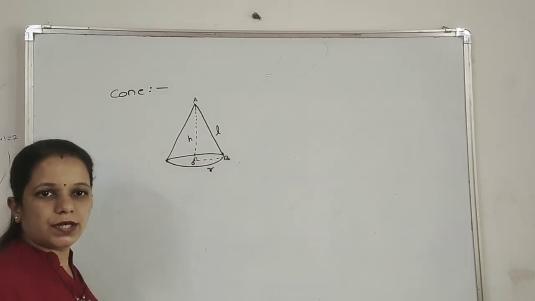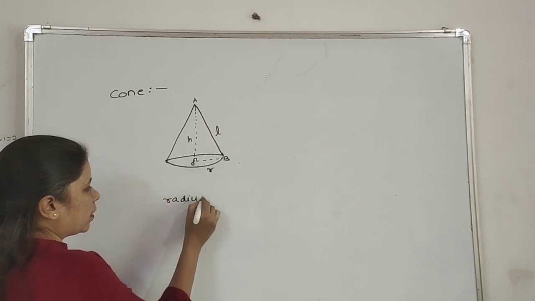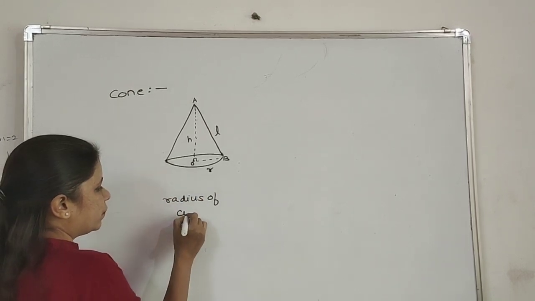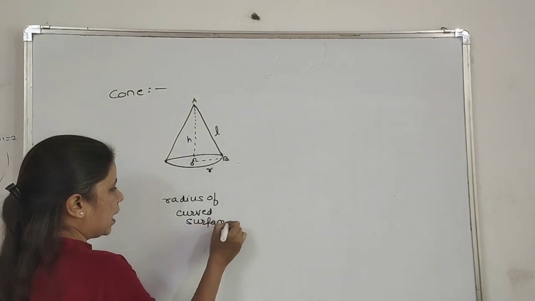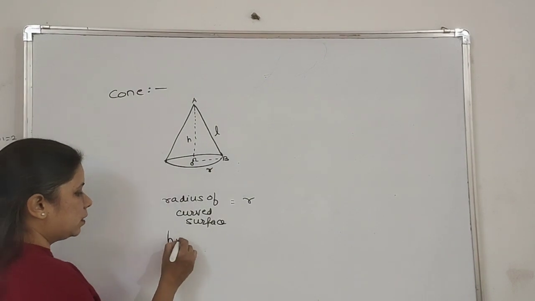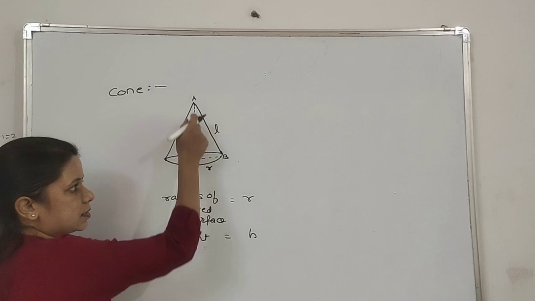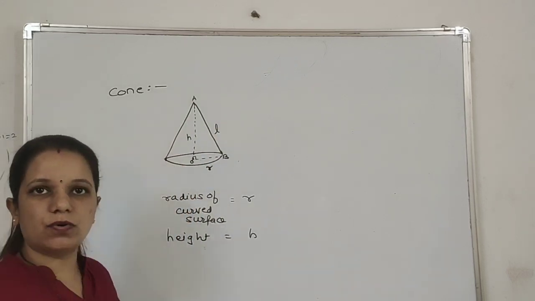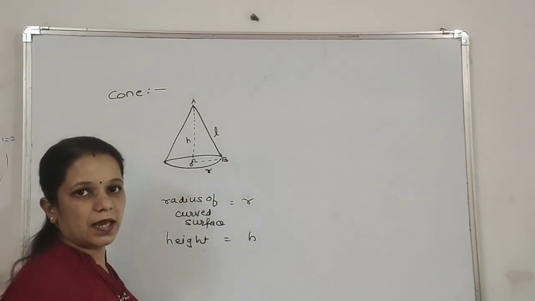Okay. So here the radius of the curved surface is, let us say, R. Okay. Height is H. As we can see, AO is the height of the cone, that is H. Then what is AB?